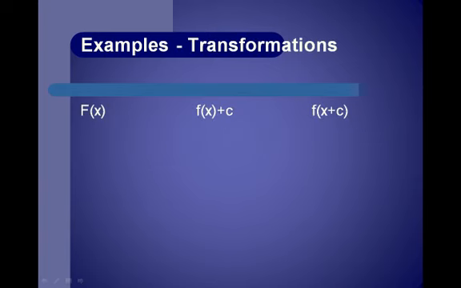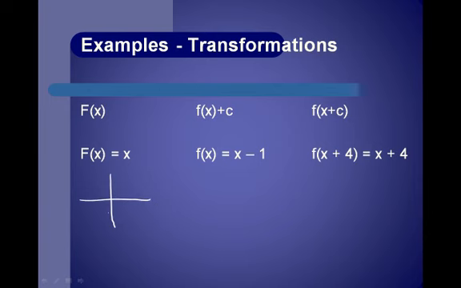Okay, let's do some examples. We're going to do f of x, f of x plus c, and f of x plus c. So if our first function is f of x is equal to x, this is our basic graph that goes right through the origin with a slope of 1.